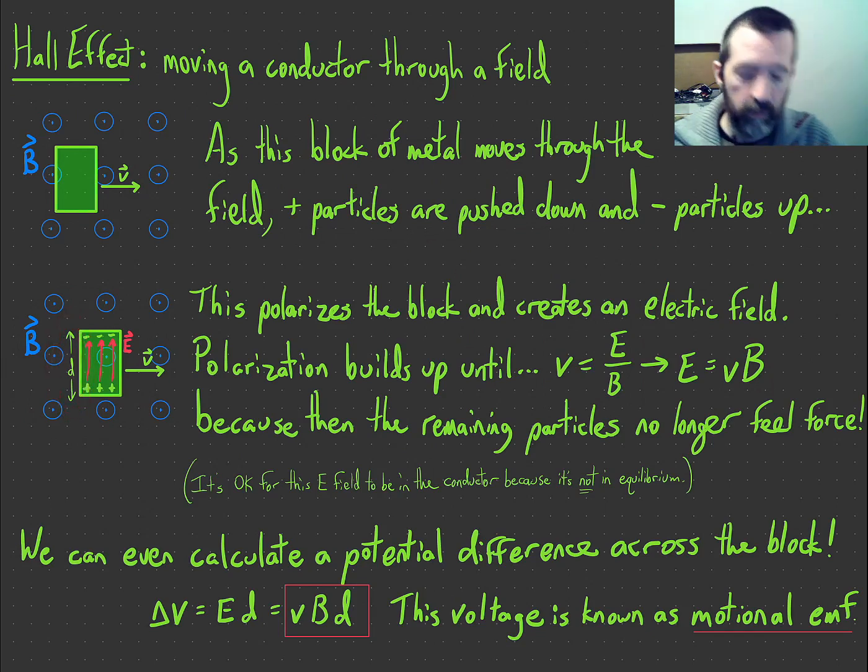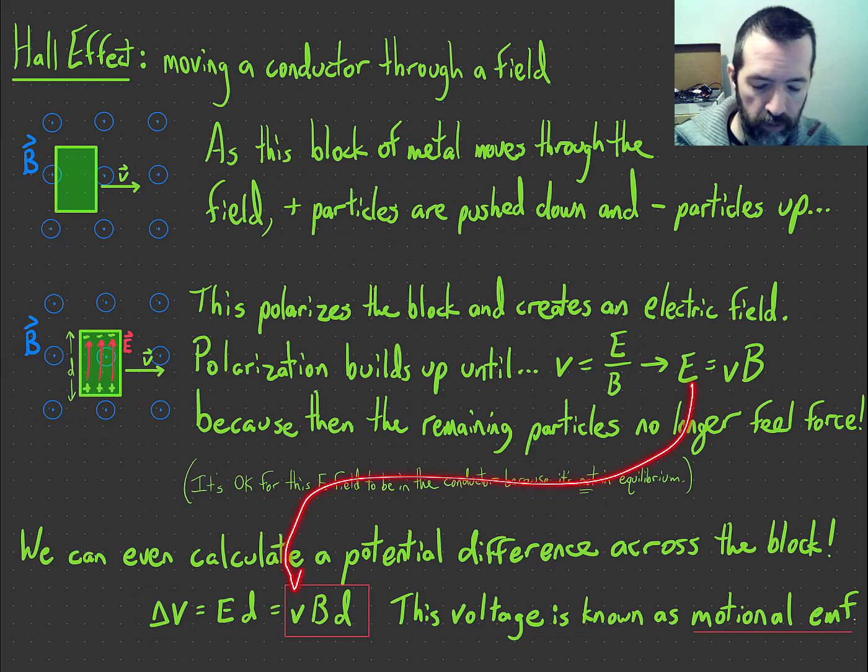And for simplicity, let's pretend that the electric field in the block is going to be uniform. So I know that the potential difference between the top and bottom of the block should be the electric field times the distance. And I know from above that the electric field should be velocity times magnetic field.